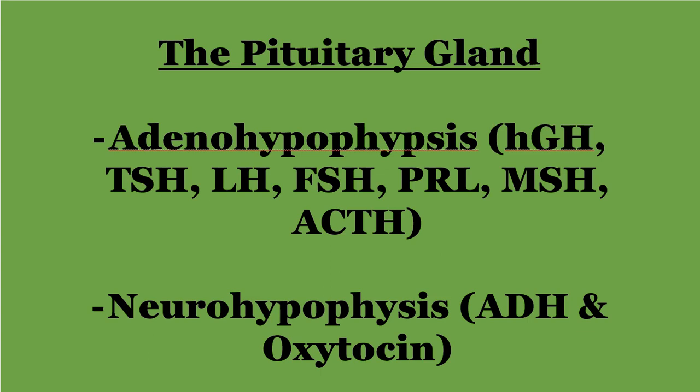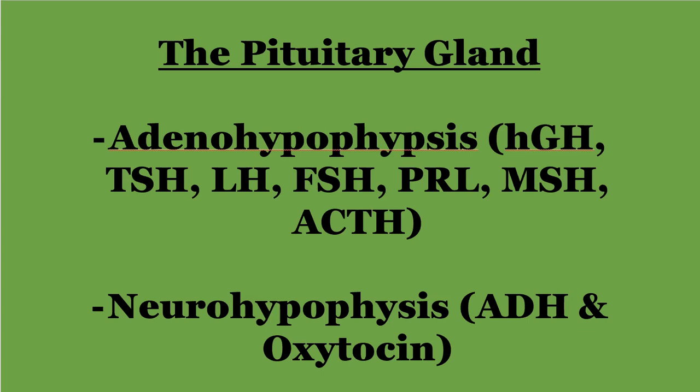Now, prolactin, that's going to be the hormone that's going to allow for the milk letdown when you are having a baby and you're wanting to breastfeed. That hormone makes it possible. We also have melanocyte stimulating hormone, which has to do with the melanocytes producing melanin.